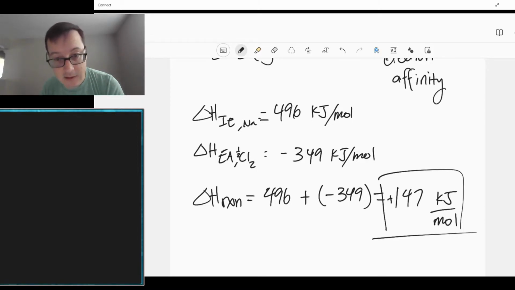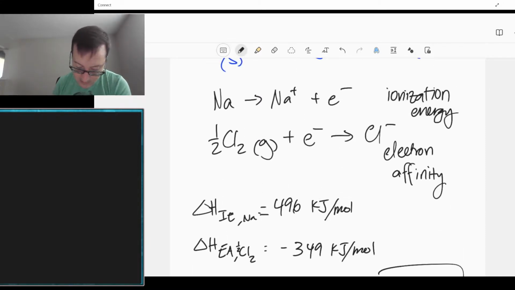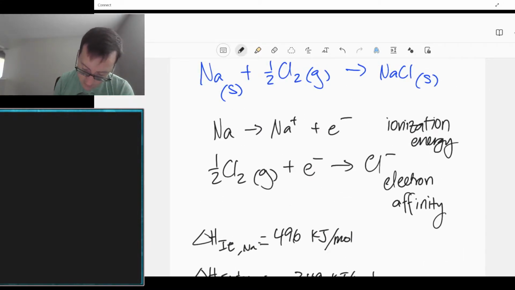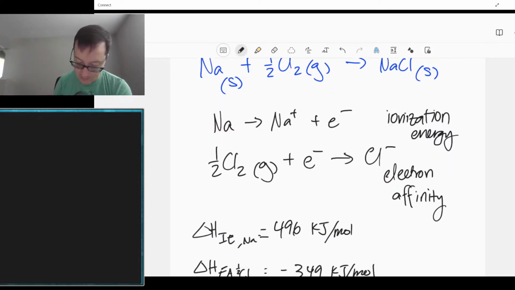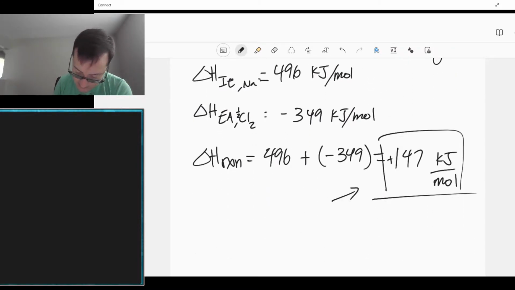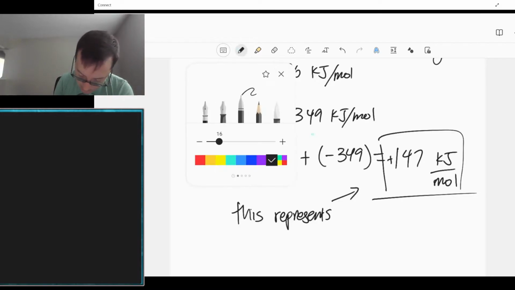Well, it turns out that these reactions are not quite complete, as it were. We technically have, in this, not NaCl solid, but we have sodium ion and chloride ion. And so really this represents this equation.